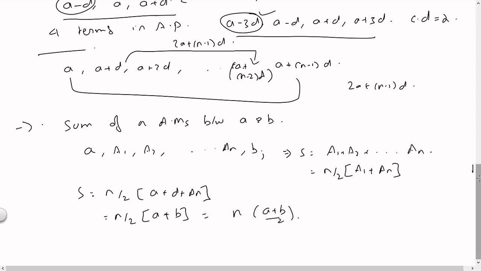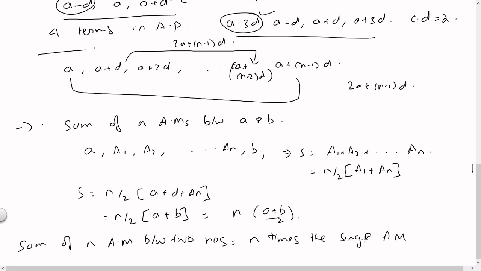So you can see that this is an important property: the sum of n arithmetic means between two numbers is equal to n times a plus b by 2. a plus b by 2 is the arithmetic mean between two numbers, because it is unique. So it is n times the single arithmetic mean between the two numbers.